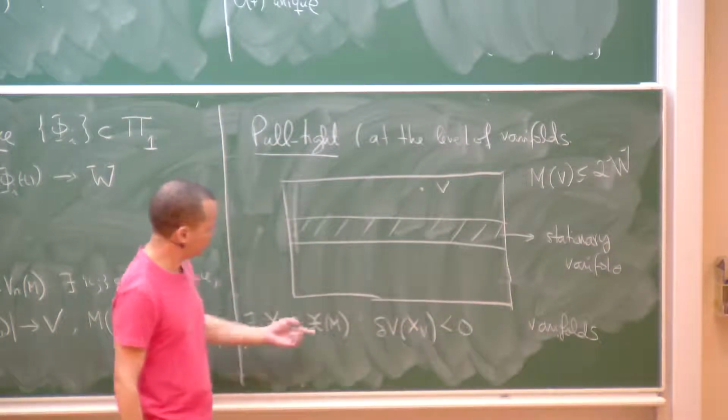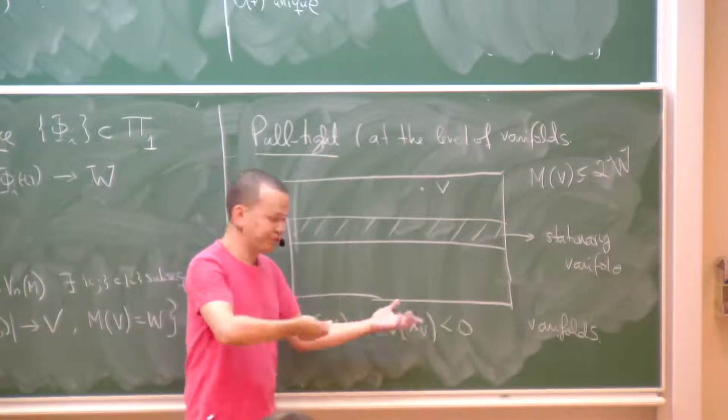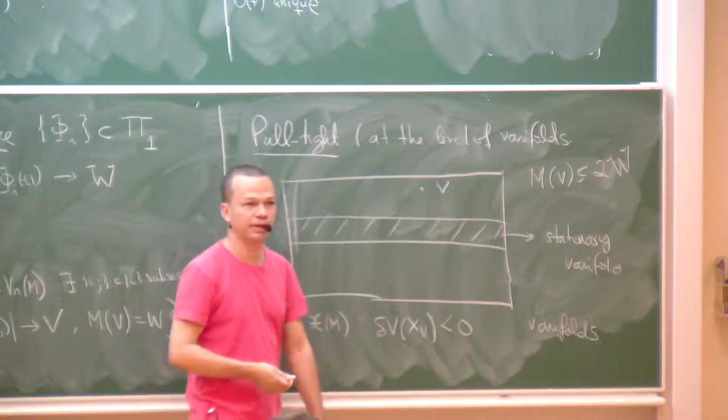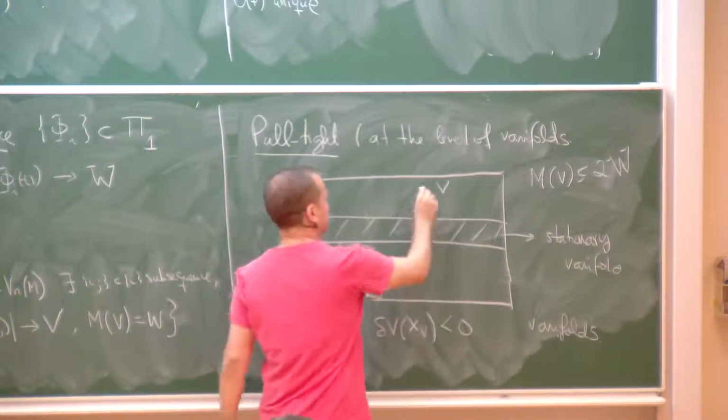It's not stationary, so the first variation has to be non-zero for some vector field. If it's positive, you consider minus the vector field, and it's going to be negative. Okay, so that gives me a direction that decreases the area.